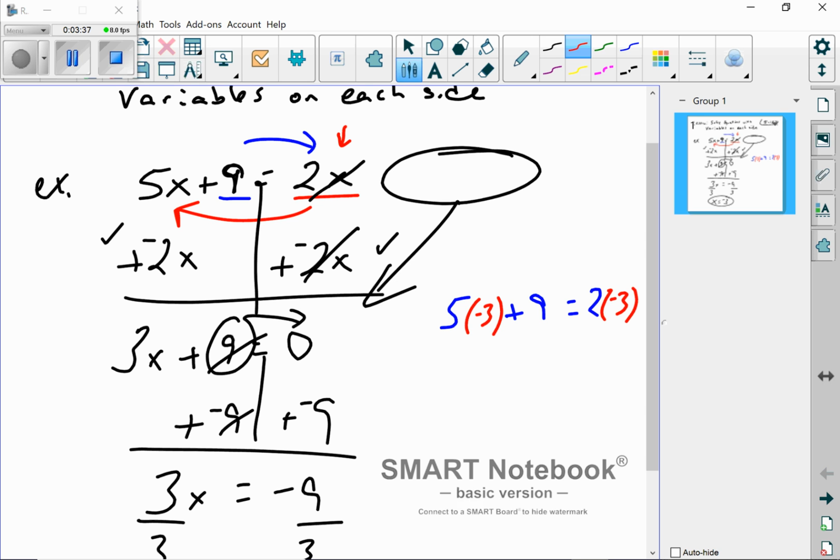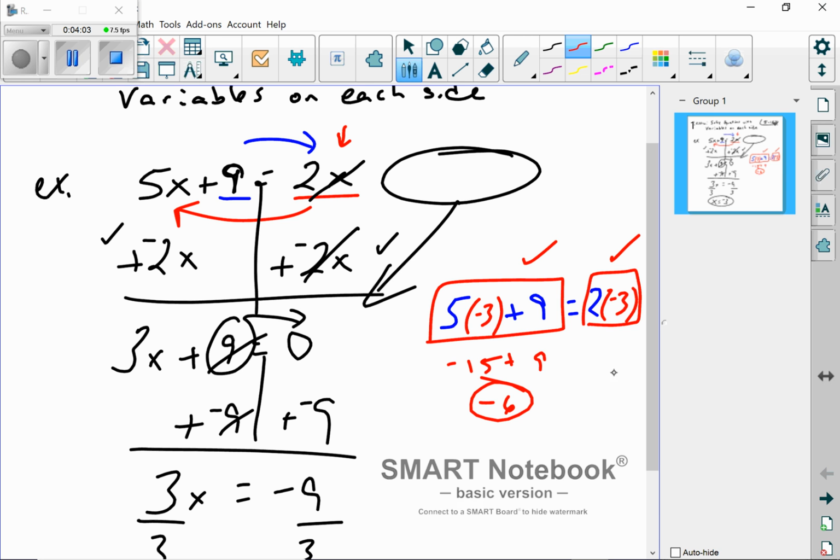I don't even care if you do this with a calculator, but just check this, see what that equals. If these two answers are the same, then you know you have the right solution for the equation. We're checking to see if negative 3 is the right solution, to make sure we didn't make a mistake. So this is negative 15 on the calculator. This side, 2 times negative 3 is negative 6. Okay, my two numbers match, which means I got the right answer.